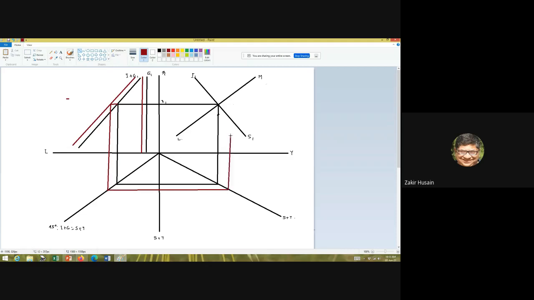And the IS curve will now shift like this. So this is I2, this is S2.